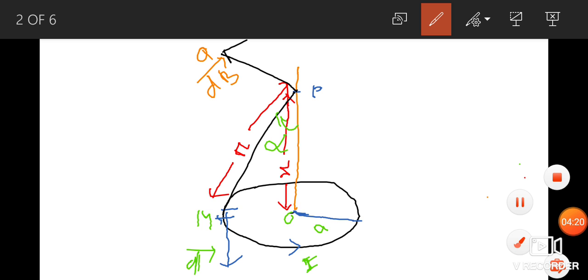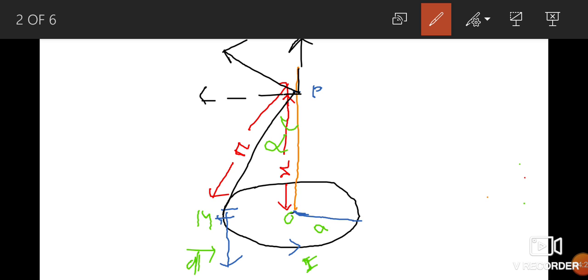If you resolve the dB vector into its cos and sine components, then as here the angle is alpha, this angle must be equal to alpha, because it is 90 degrees and the angle between this and this becomes 90 minus alpha, and this also is 90 degrees, so the angle becomes alpha.